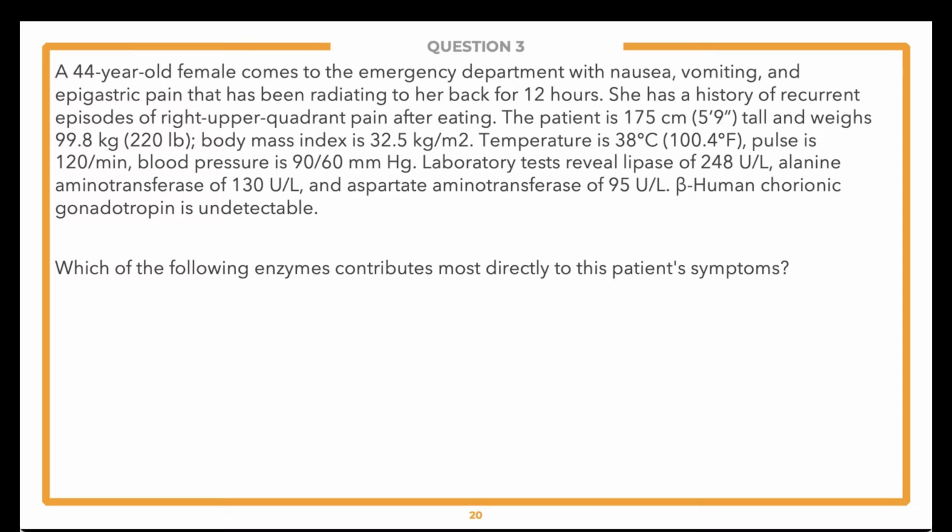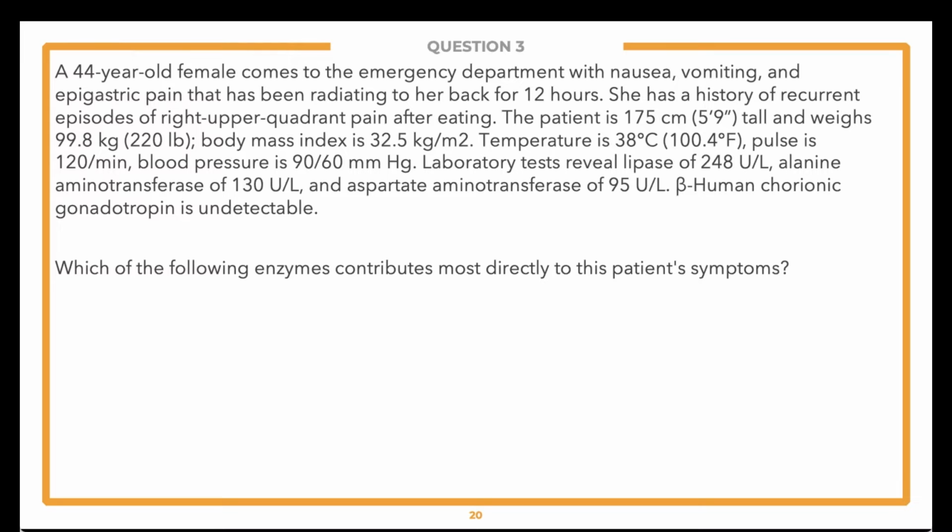BMI is 32.5, temperature is 38, pulse is 120, blood pressure is 90/60. Lab tests reveal lipase of 248, alanine aminotransferase of 130, and aspartate aminotransferase of 95. Beta human chorionic gonadotropin is undetectable.